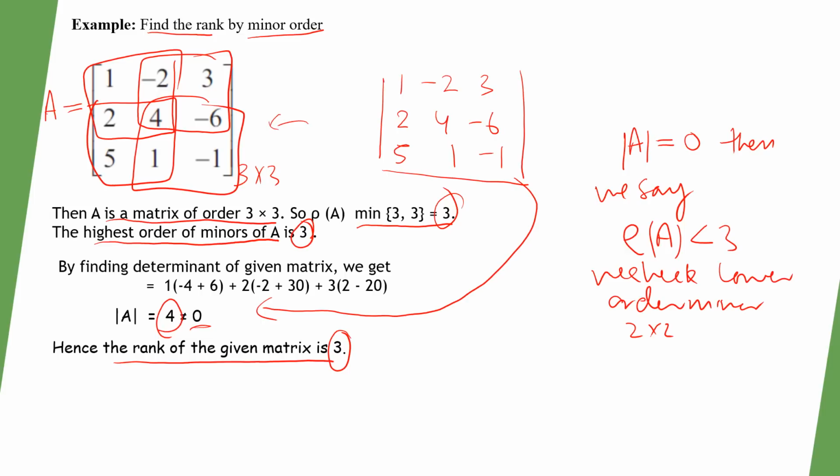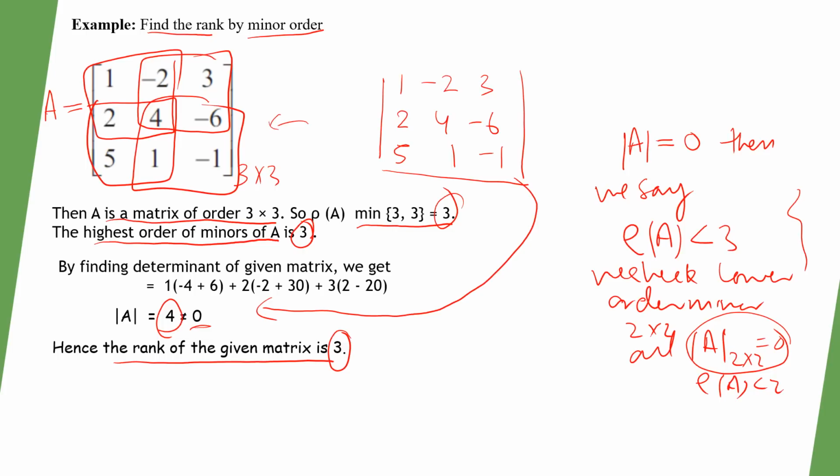So in that way, if all those minors of order 2 are 0, then we say the rank of A is less than 2. If any one of them of order 2 cross 2 is not 0, then we say the rank is 2. So in that way we find the rank of the matrix by minor order.